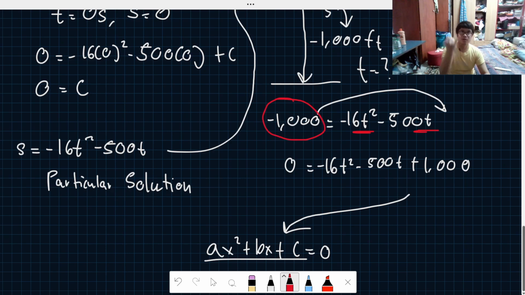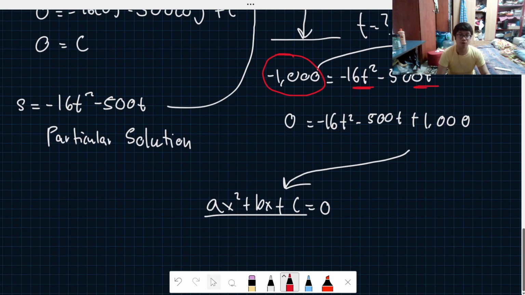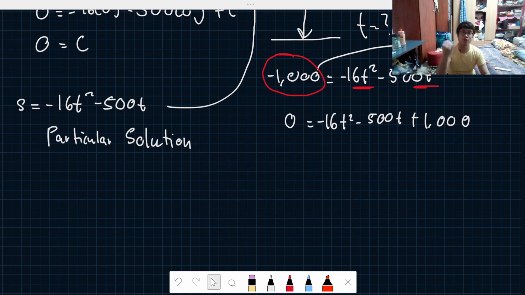So if you're going to solve a trinomial, there are three ways: either you factor, two, you complete the square, or three, the quadratic formula, which is the backup plan.